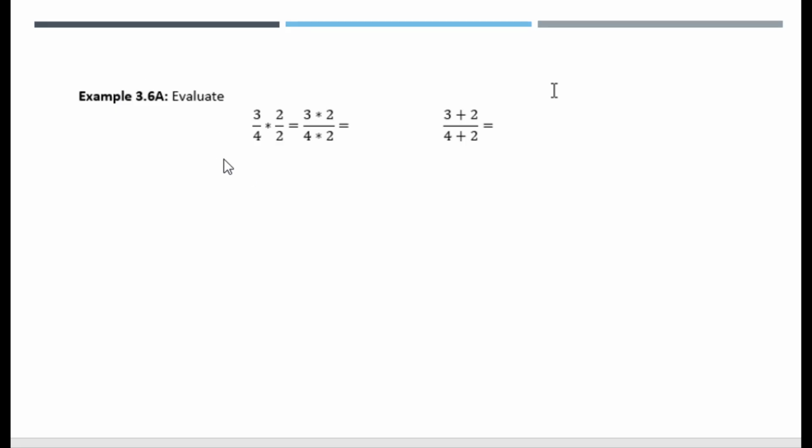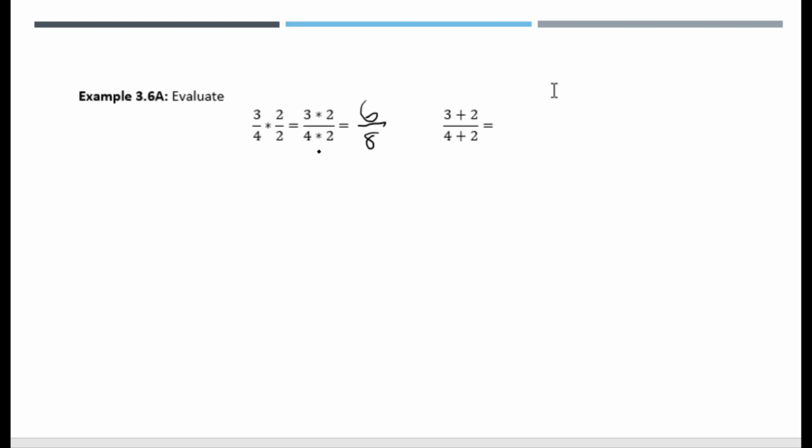This actually has a little bit more to it than just what meets the eye. With fractions, multiplication is different than addition. Right? And here, you could just multiply 3 times 2 and get 6, and multiply 4 times 2 and get 8.